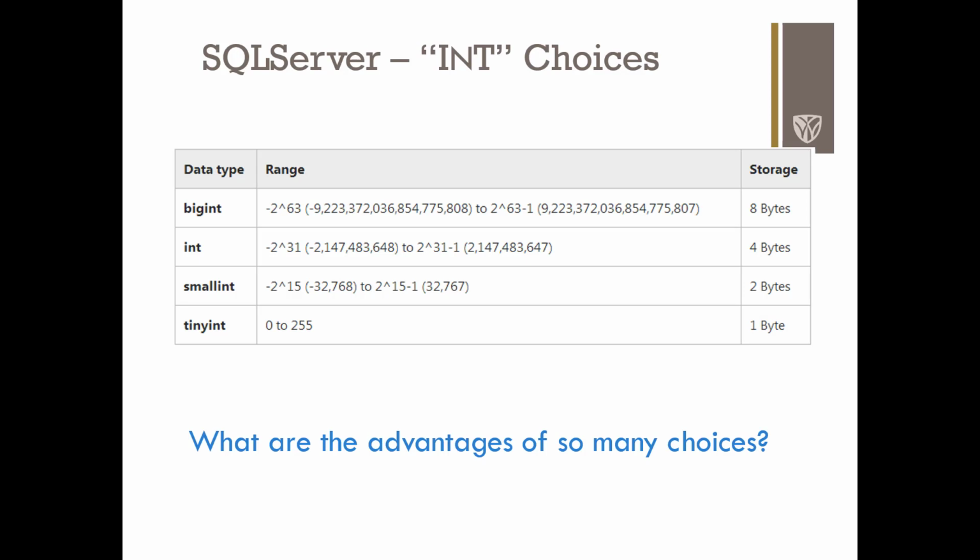So by setting the smallest size that will accommodate the maximum length possible for that value, for that attribute, it allows the database designer to save storage space. And it also speeds up retrieval of data. So it makes it more efficient for storage and for retrieval.